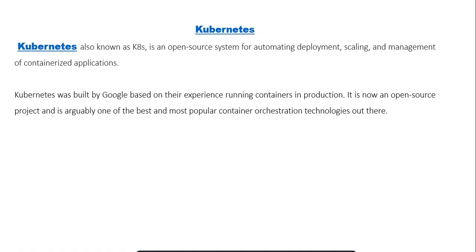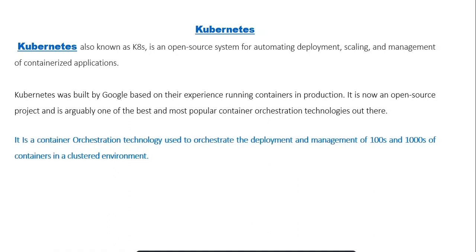We cannot really use Docker for managing hundreds and thousands of containers, and that is why Kubernetes is here. It is a container orchestration technology used to orchestrate the deployment and management of hundreds and thousands of containers in a clustered environment.